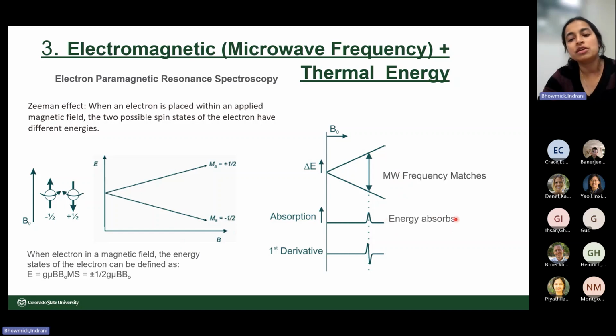You will see the absorption of energy, and the response will be the first derivative of that energy, and that is your EPR signal. So when you have one electron or one radical, not so much interacted, in a very uniform environment, let's say, then you will see that one peak, and you know, yes, I have a radical.